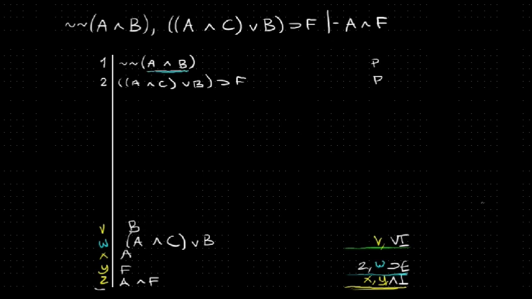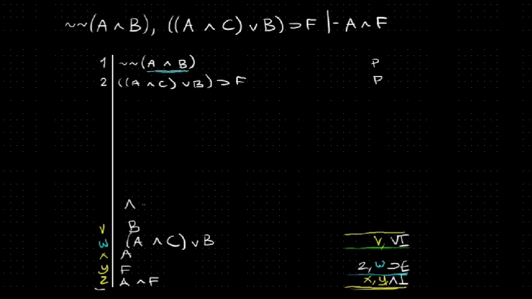So, how would we have gotten B? Right, again, let's ask this question. What would I need to write here on this line? Well, if we look at our premises, we've got this conditional statement.